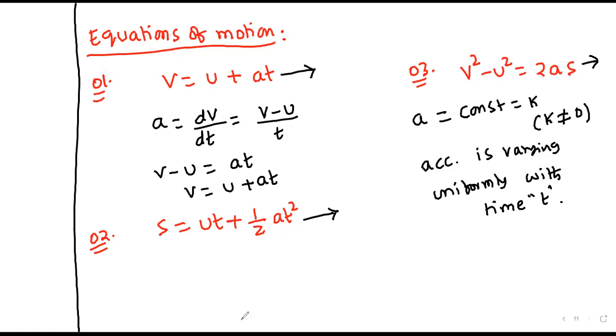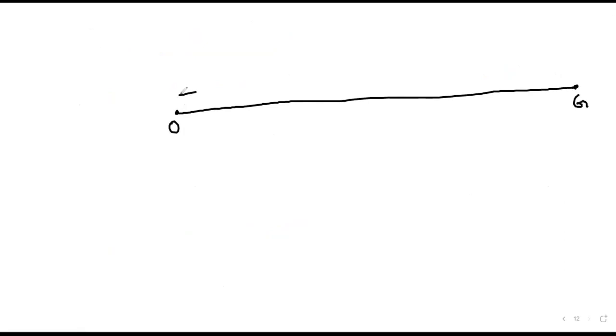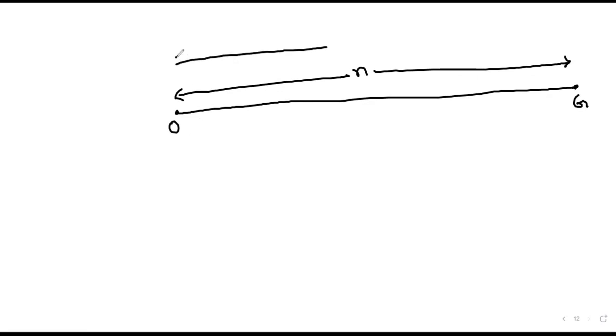Firstly, suppose I'm having a particle which is at point O. Let us consider G is my final point. It takes a time of n seconds to travel from O to G, and the distance traveled in this one I'll keep as Sn.